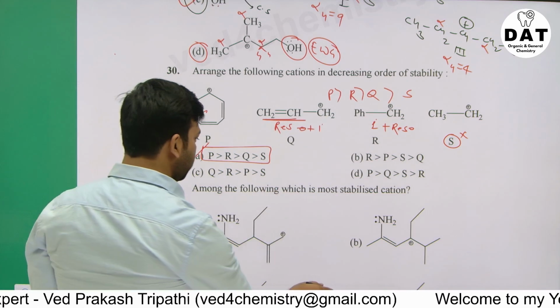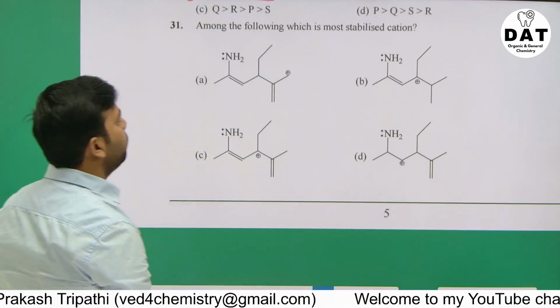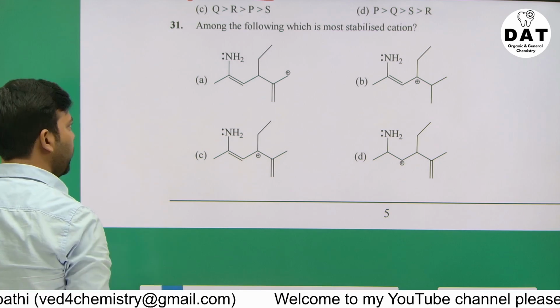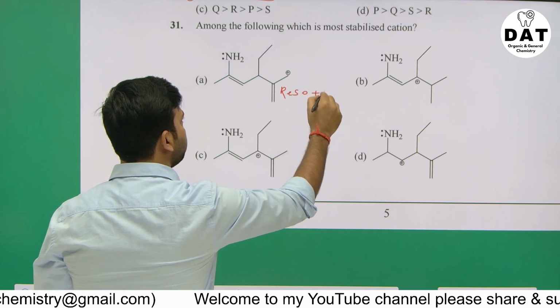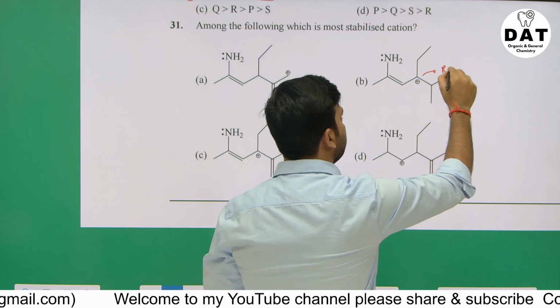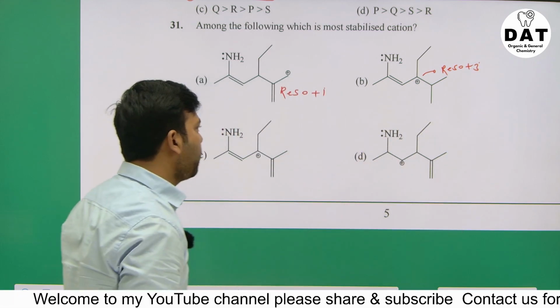Now the last one is 31. The most stabilized cation. So look here. This is resonance with primary. This is resonance with tertiary. You can see the double bond is alternate.